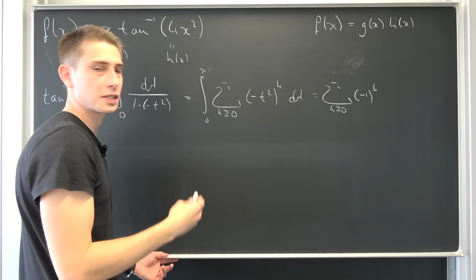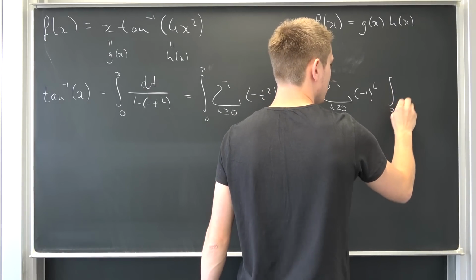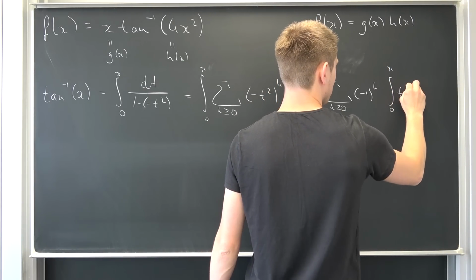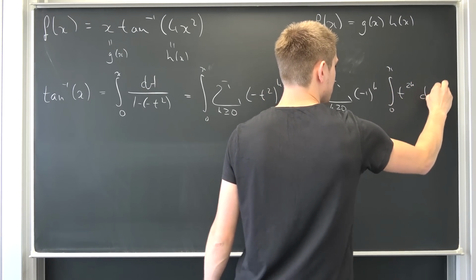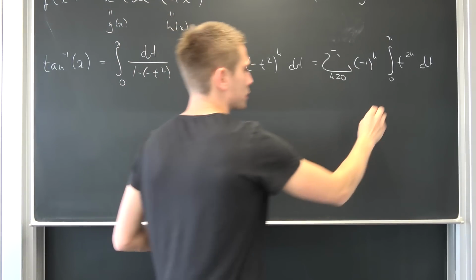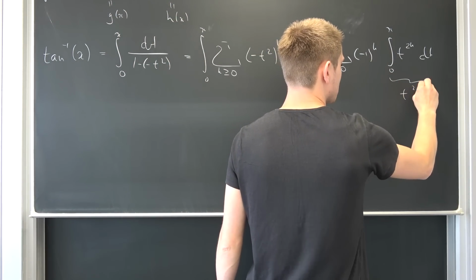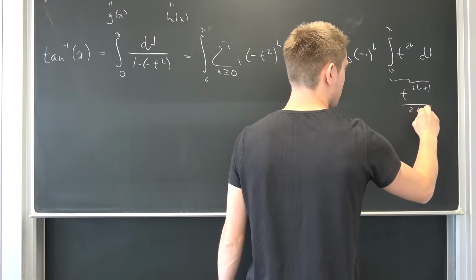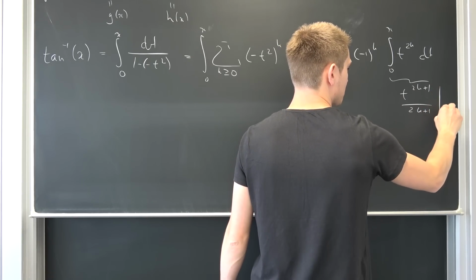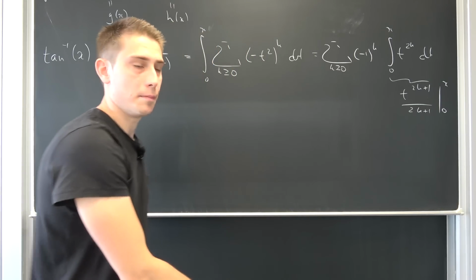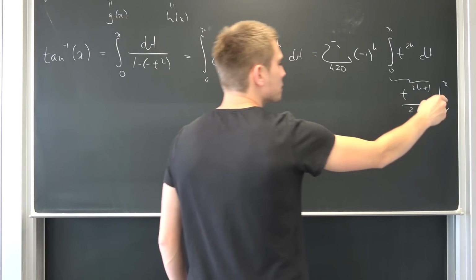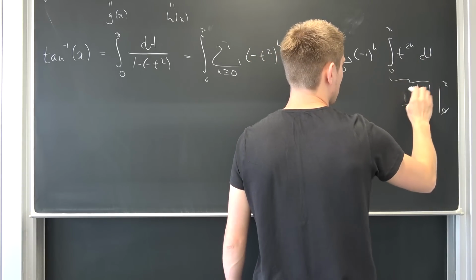And all that's really left is thus an integral of a simple polynomial, t to the 2kth power dt. And this is going to result in t to the 2k plus 1th power over 2k plus 1 from 0 to x. Meaning on 0 everything's going to vanish. It's a simple polynomial in there and we can plug x into here.